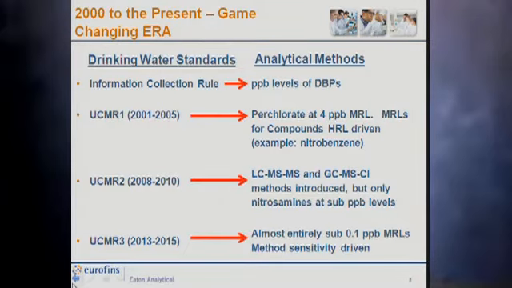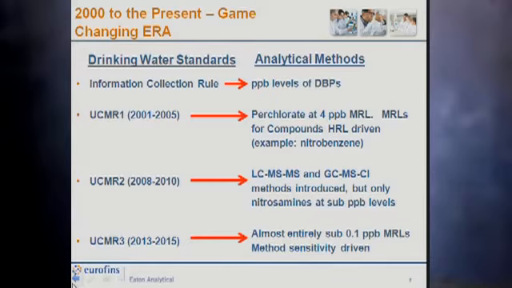UCMR2 was a second game changer from 2008 to 2010 because that was the introduction of LC-MS methods and chemical ionization GCMS methods, but we were still generally looking in the ppb range. The only example where we were looking below ppb was nitrosamines, which went down to 2 parts per trillion for NDMA and sort of 3 to 8 ppt for the other nitrosamines.